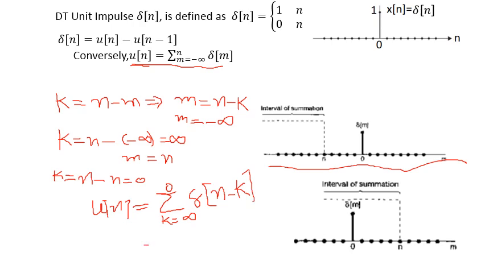Because the norm is you put the lower limit first, k running from 0 up to infinity, impulse of n minus k.